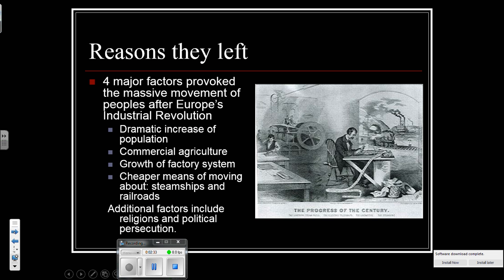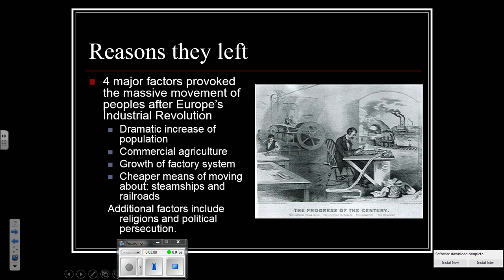So what are some of the reasons that they left? There are 4 major factors that provoked this movement of people after Europe's Industrial Revolution. A reminder, the Industrial Revolution is the growth of cities and factories. Cities are booming and overpopulated in Europe, and they hit that before the United States did. So they're moving here because of the increase in population in the cities. It's too crowded.